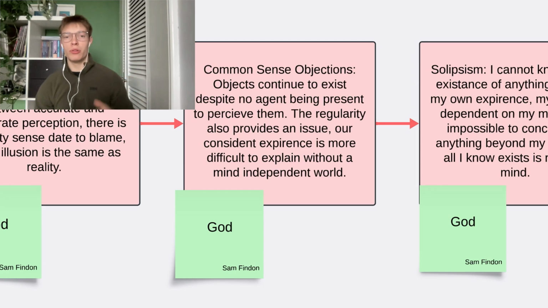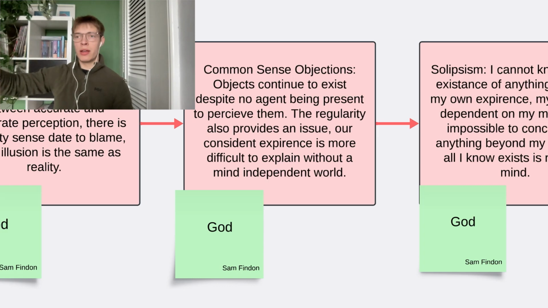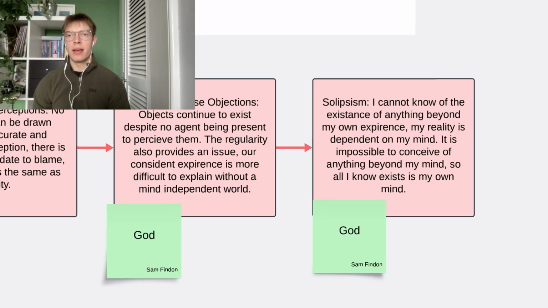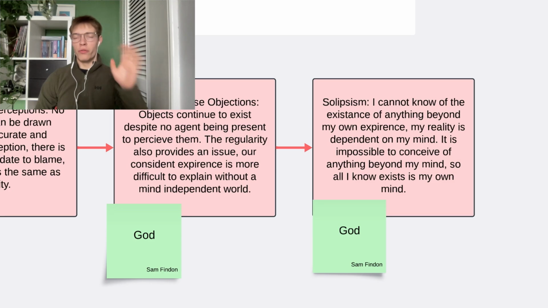Because all of our perceptions originate with God, we can explain away non-veridical perceptions. The reason we can do this is because all our consistent sense experience originates with God, and any inconsistent non-veridical perceptions do not originate with God. And that's how we have this distinction. Original ideas came from God, non-original, random, confusing, hallucinatory, non-veridical perceptions originate with our minds and not with the mind of God. So that's how these three issues are solved.